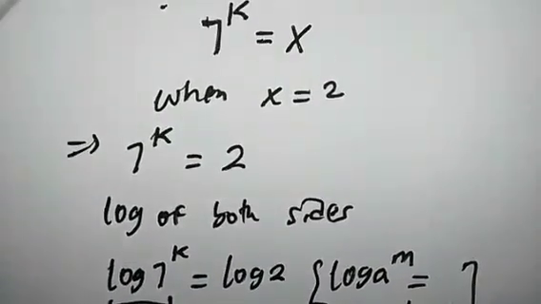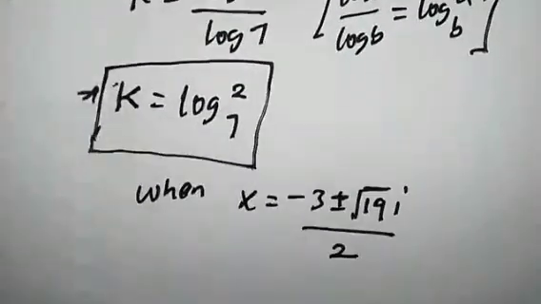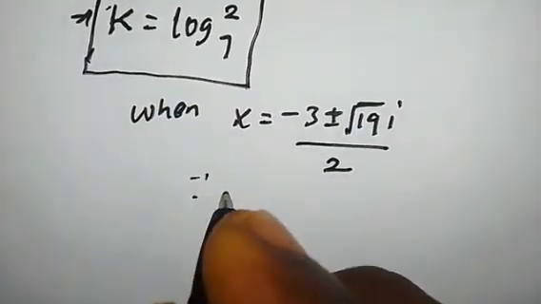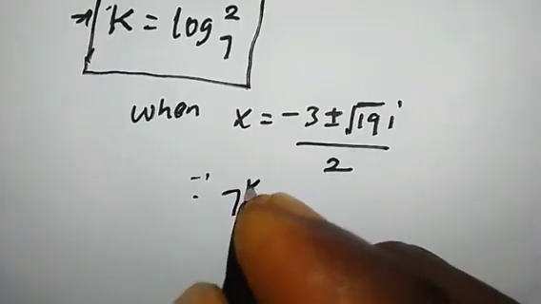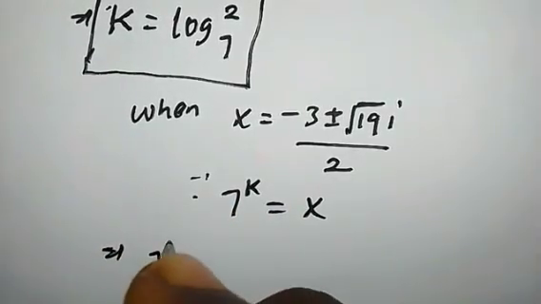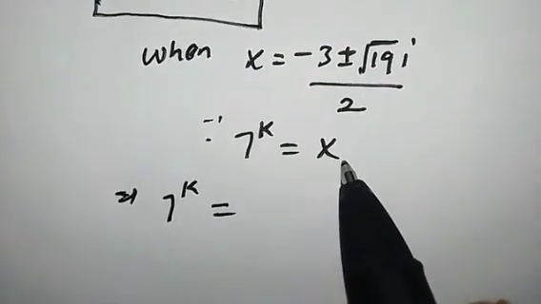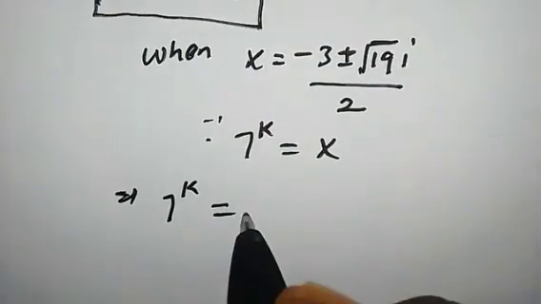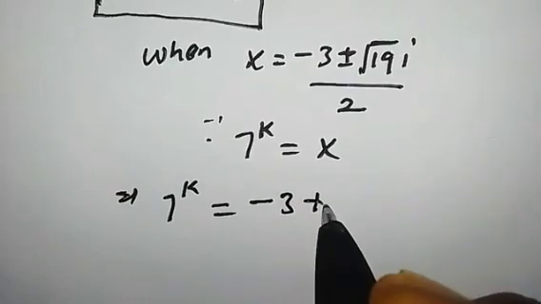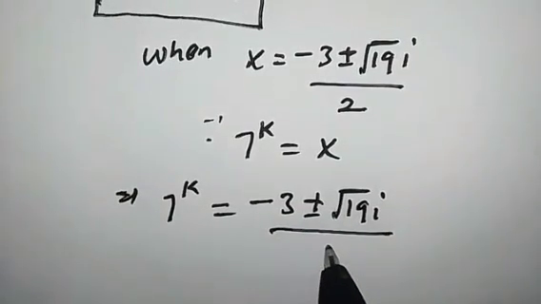So since 7 raised to k equals x again, this implies that 7 raised to k is equal to, in place of x, we write what? We write this value, minus 3 plus or minus square root of 19i divided by 2.